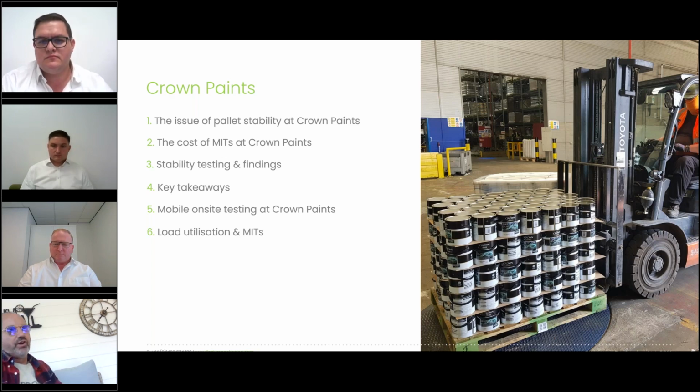So as you reiterated there, our standard 10 litre pallet is 48 packs per pallet, and we struggled to get stability on them. Since doing testing with Uri, it's given us that peace of mind. We've got stability on our 48, so we're now doing further testing, trying to increase our number of packs from 48 to a 56 configuration, and also a 60 configuration with an extra layer, so we've increased the height of the pallet.